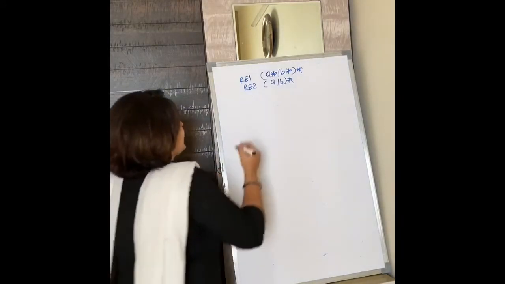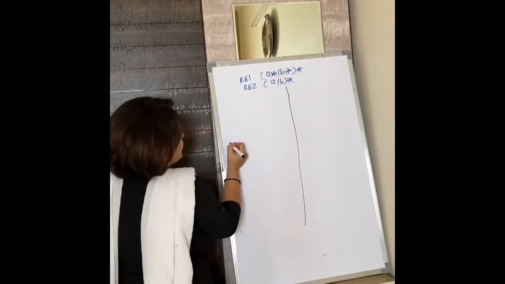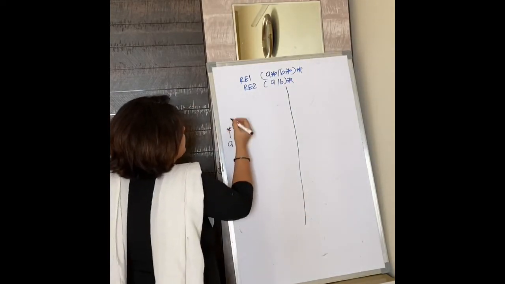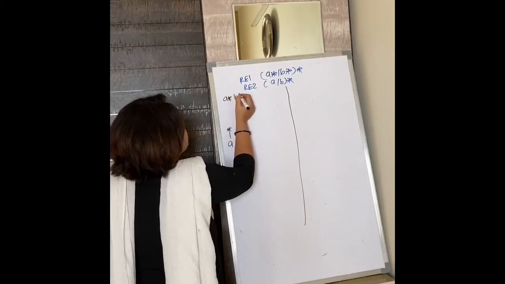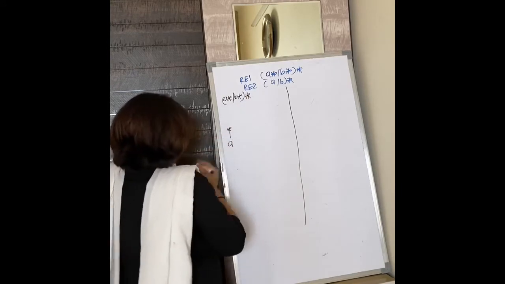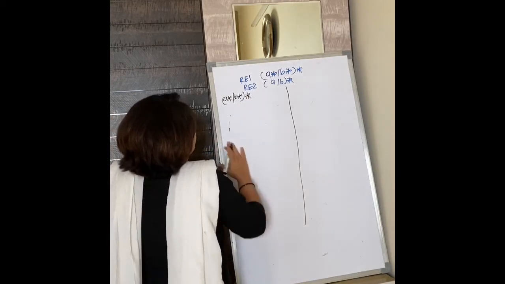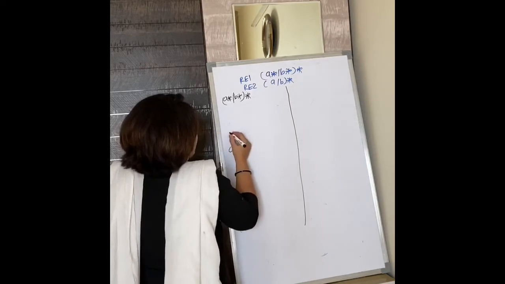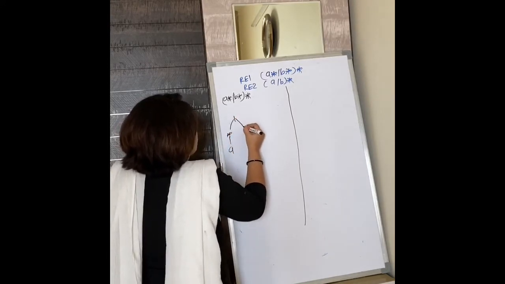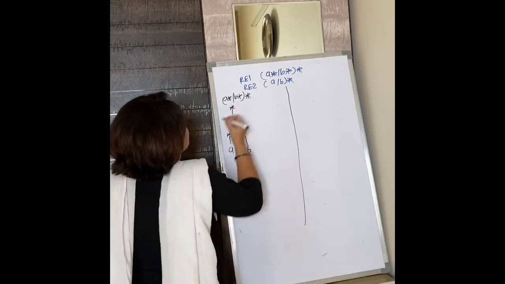So I am starting with the first RE, (A star or B star) whole star. So A star, B star, or B star whole star. Actually there is no concatenation here.